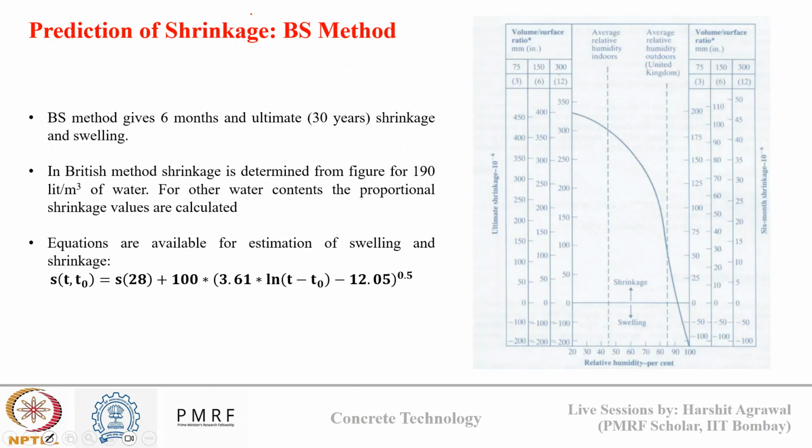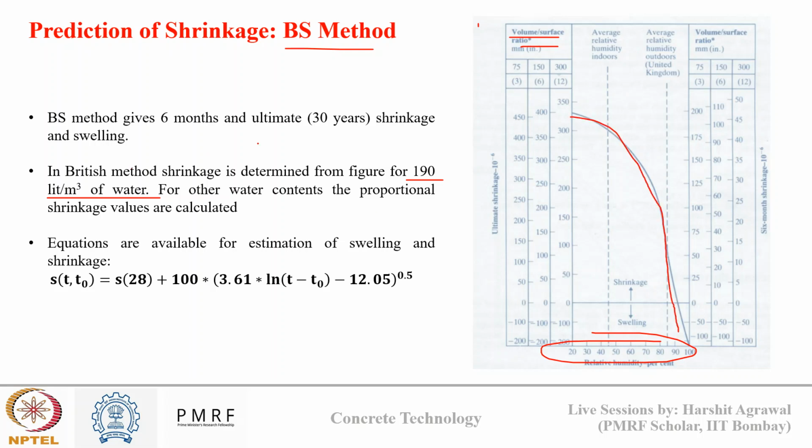And again, similar to what we discussed in creep, there is a British standard method also which calculates shrinkage based on volume to surface area ratio and relative humidity. So knowing the relative humidity of concrete and volume to surface area ratio, for this much amount of water initially used, there is this curve that is defined.